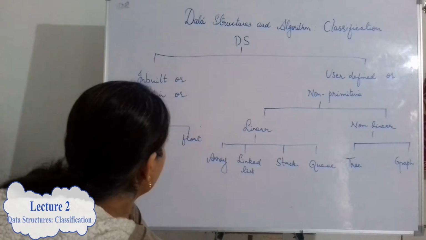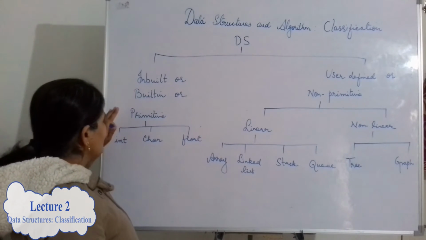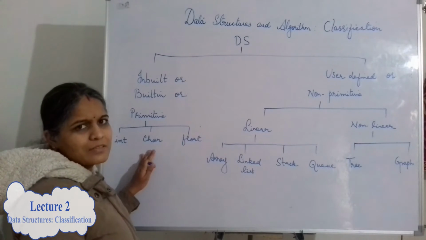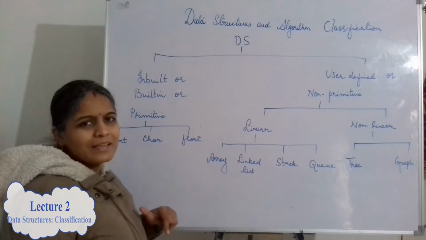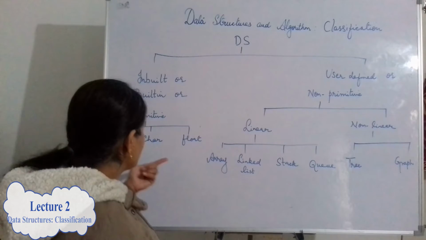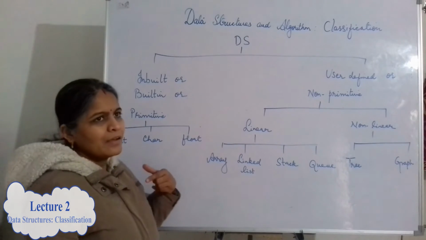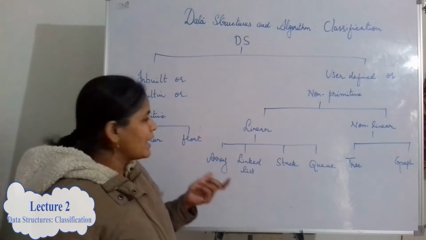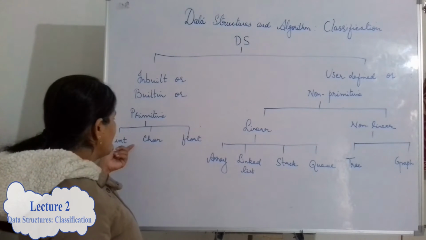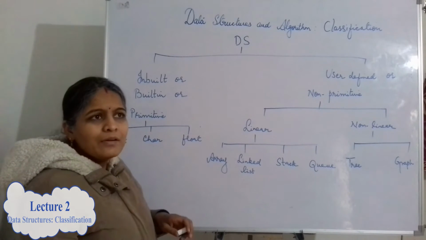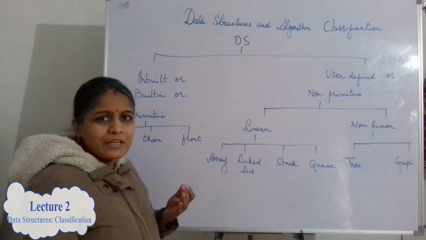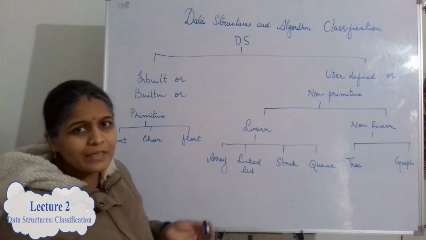So these are called inbuilt or built-in or primitive data structures, or sometimes these are known as the data types because it stores a single value and the definition of these data structures is already known to the compiler.